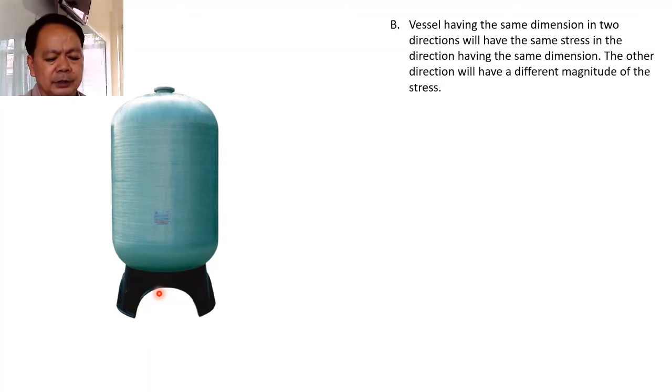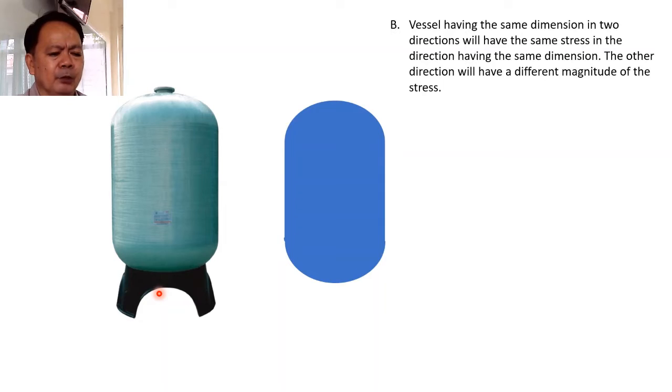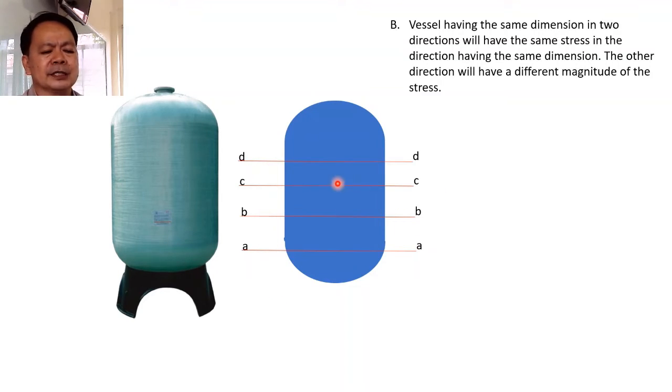Now, as I have said, we first take the stress that will be developed along this axis. Because we have that along the axis, we may consider any section along it, which we can call section AA, BB, CC, and DD, in the cylindrical part of our vessel.